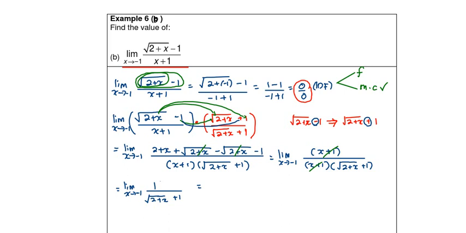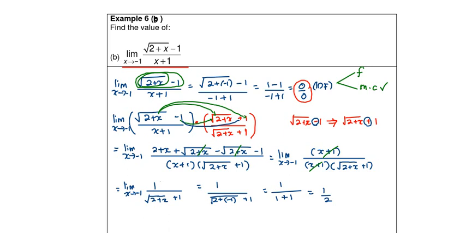Substitute x equal to -1, equal to 1 over square root 2 plus -1 plus 1, equal to 1 over 1 plus 1, equal to 1 over 2.